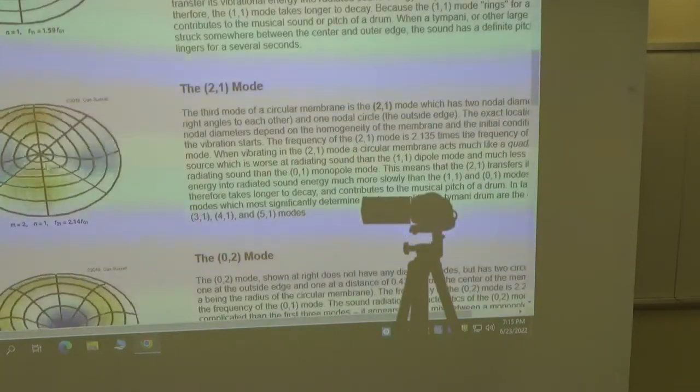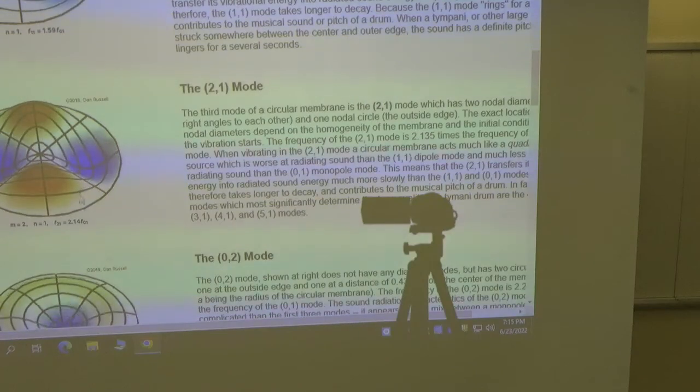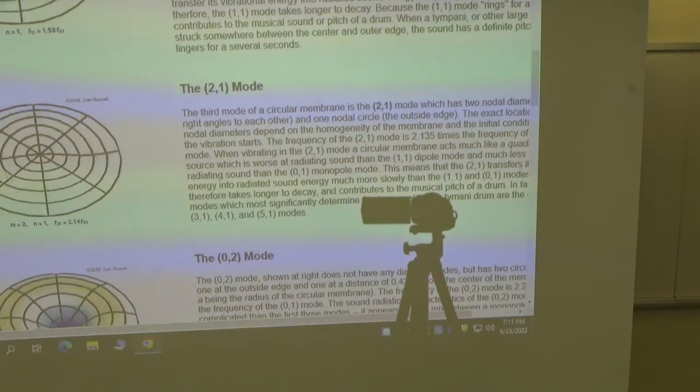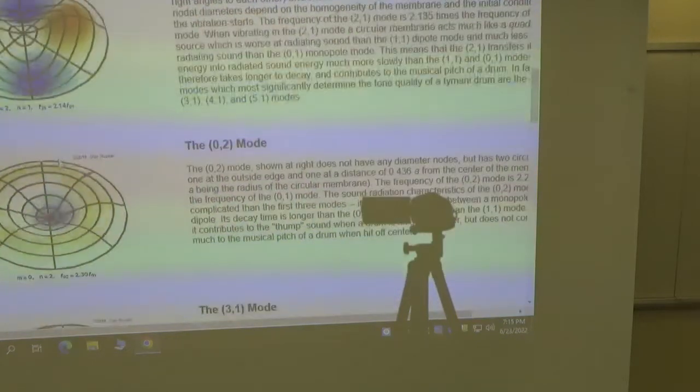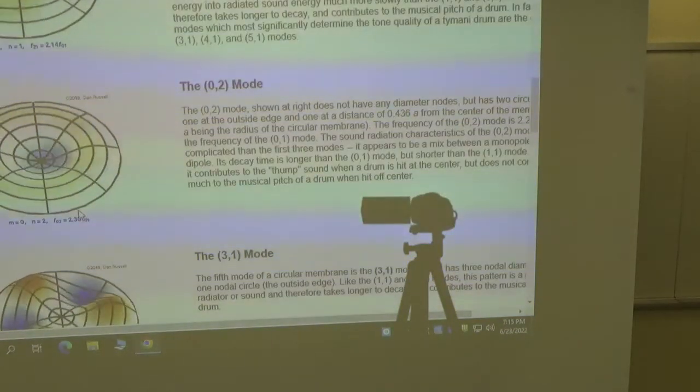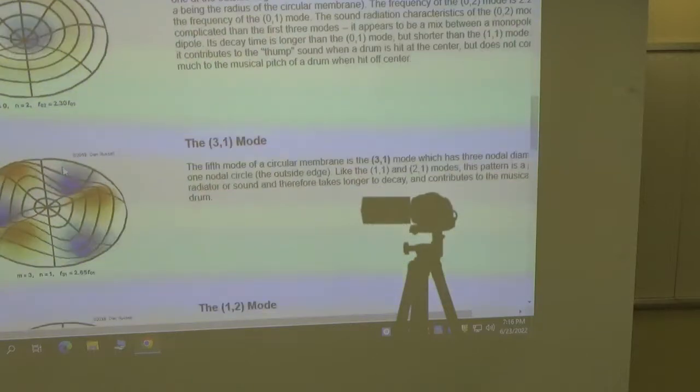And then this one is 2.14. That's even one octave higher. That's the 2-1 mode. This is 2.30, so that's again one octave higher and even some more. This is frequency 2.65 times the base frequency.